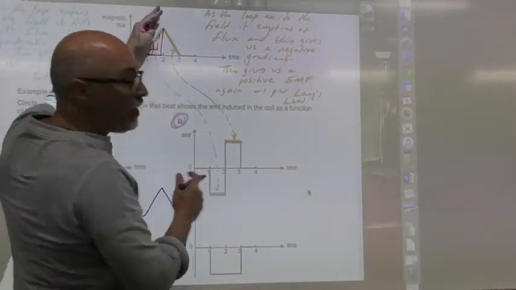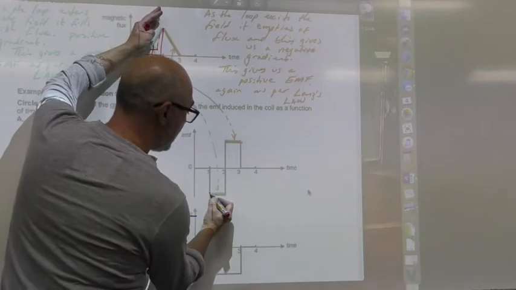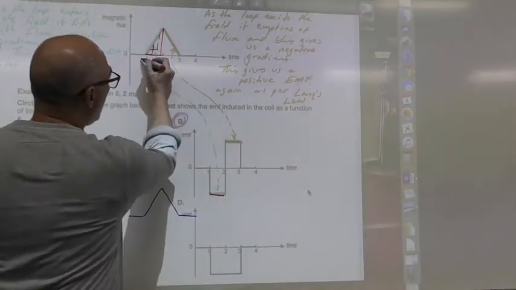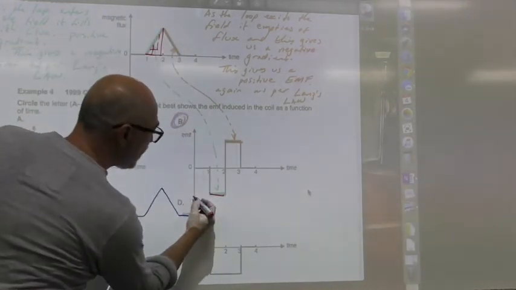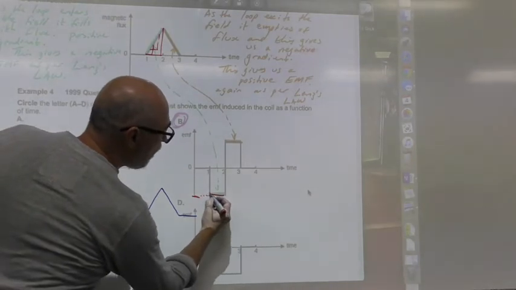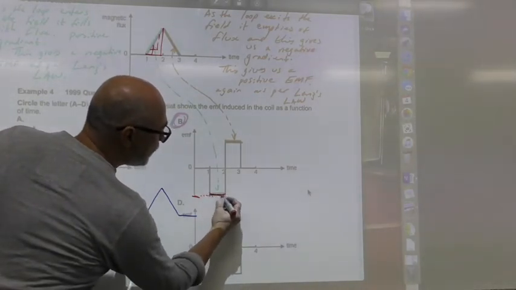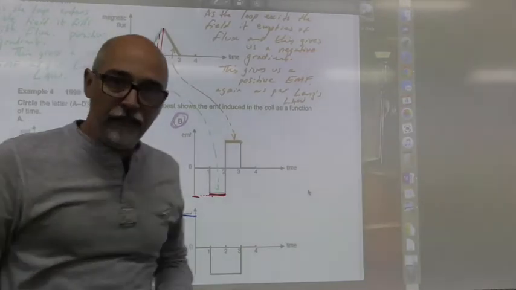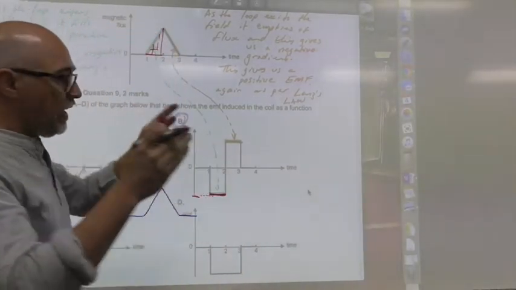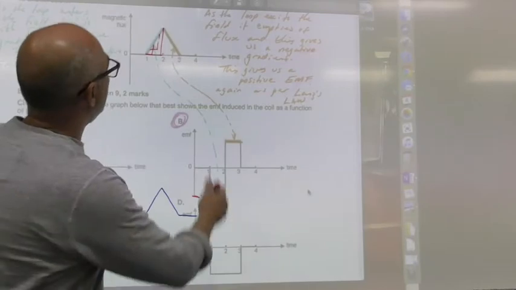It's positive. Lenz's law tells us negative, and because it's constantly the same value, it'll be constantly the same value while it enters the field. Once it's inside the field, it starts to leave the field again. Now it starts to leave it.